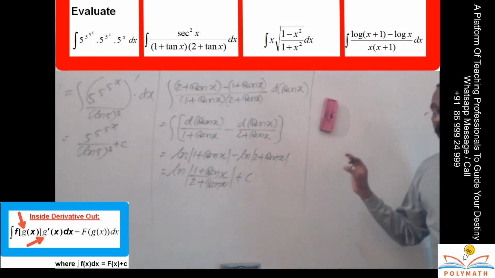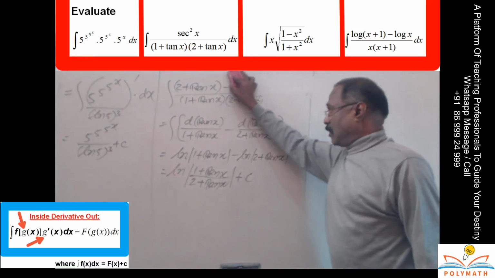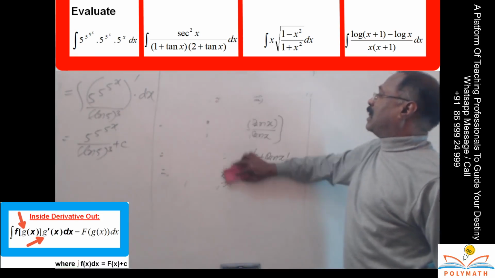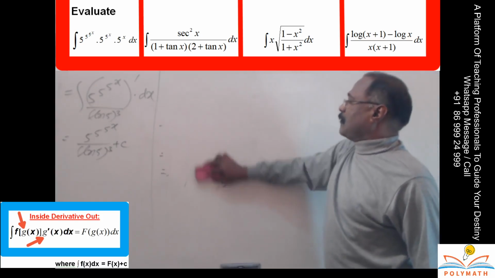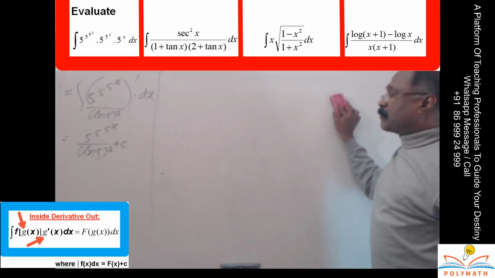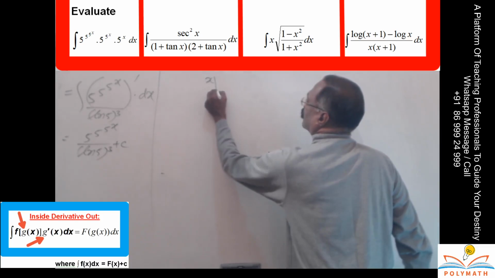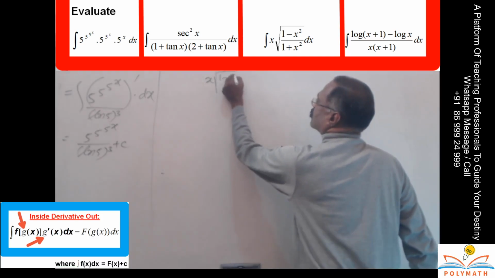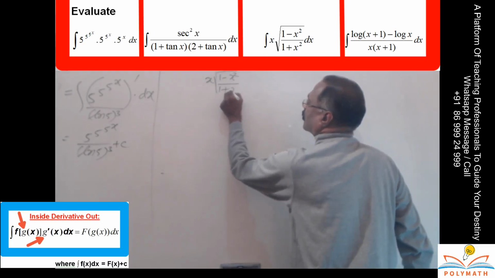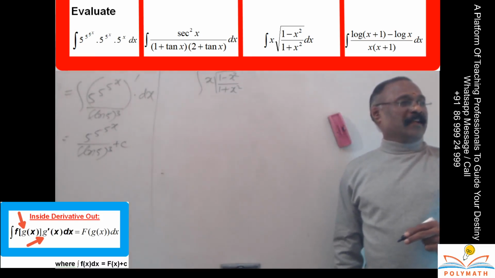That is the integral of x root 1 minus x square divided by 1 plus x square. I'm erasing this. The integral of x root of 1 minus x square divided by 1 plus x square dx is the given integral.